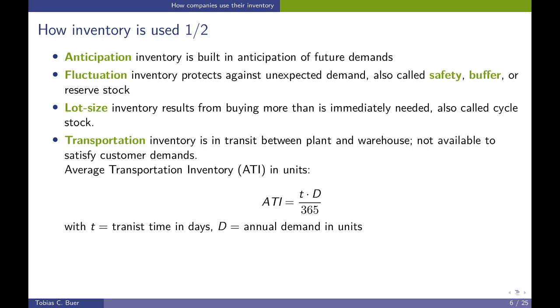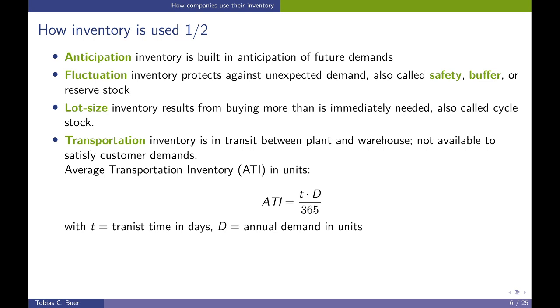However, this is just a statistical expectation, and there is usually a deviation from the average demand. And in order to protect the company against this deviation from the average demand, we have safety stock or buffer stock. So this is against fluctuation of demand.